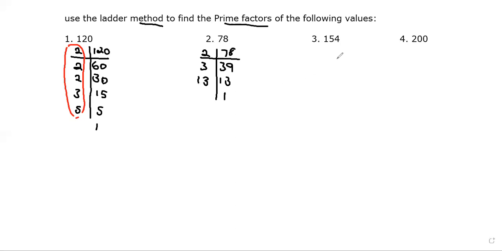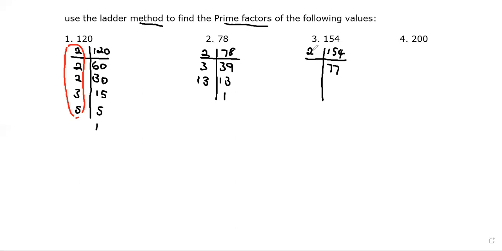So we move to 154. Write 154 this side. Likewise, we start with the prime number 2 because that's the first prime number. So 2 here. 154 divided by 2, you get 77.